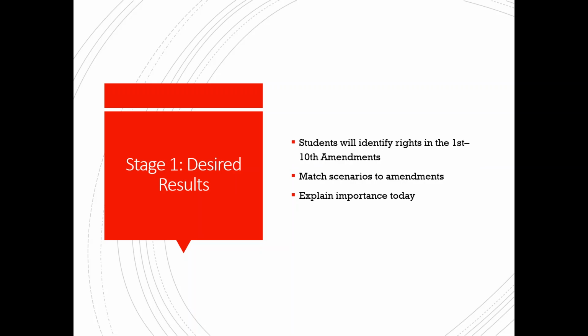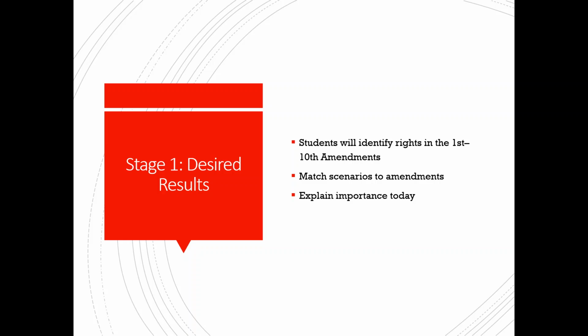So going back to stage one with the desired results. Stage one focuses on determining the desired results, what students should know and be able to do. For this TEK, I wrote the following learning objectives: that students will accurately identify the rights protected by each of the 10 amendments of the Bill of Rights, that students will be able to match example scenarios to the correct amendment, which is kind of that real world application, and that students will explain why each amendment remains important in modern society.